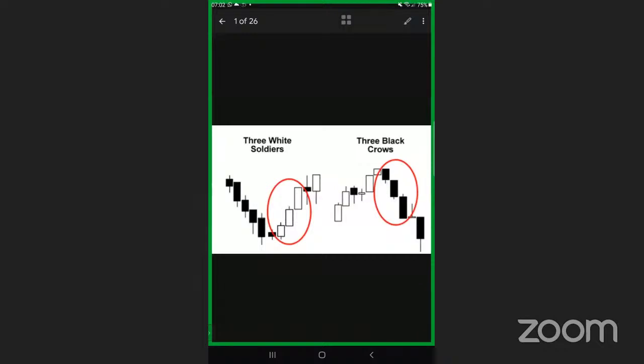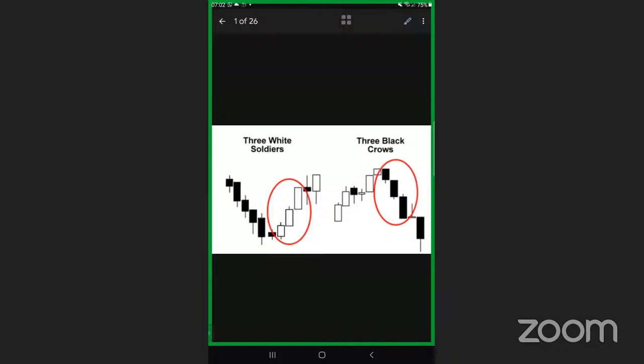So we are going to get an understanding of these 3 white soldiers, as well as the opposite version of the 3 white soldiers, which is the 3 black crows. So let's get into it.